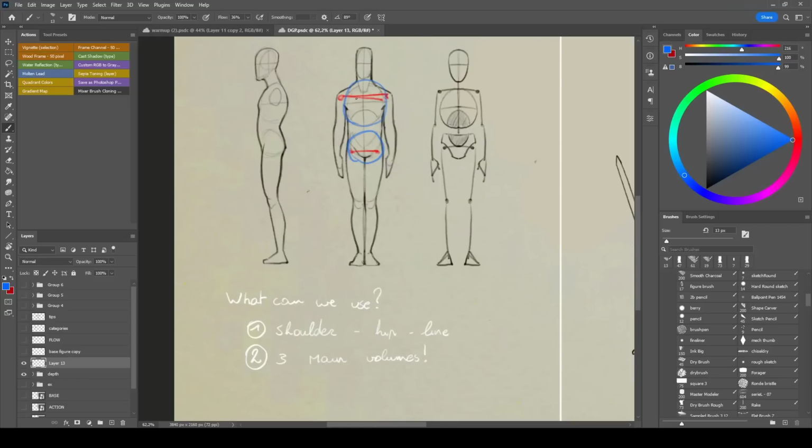So those are two of the main volumes that we already have. And obviously the final volume would be the head, and with those three volumes alone we can create nice and interesting poses. We'll come back to this later to elaborate on how we can use these to our advantage, but for now let's have a look at the rest of our tips.